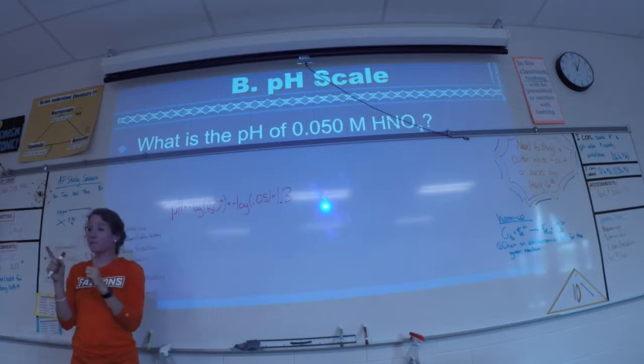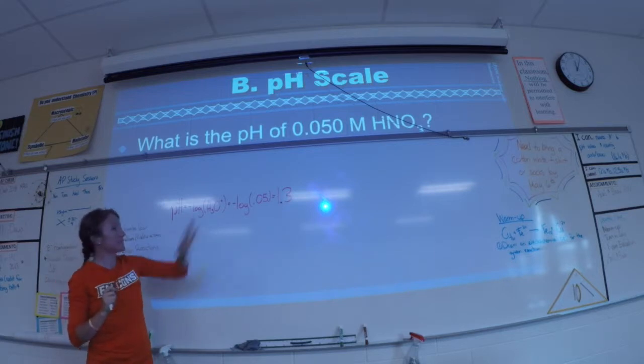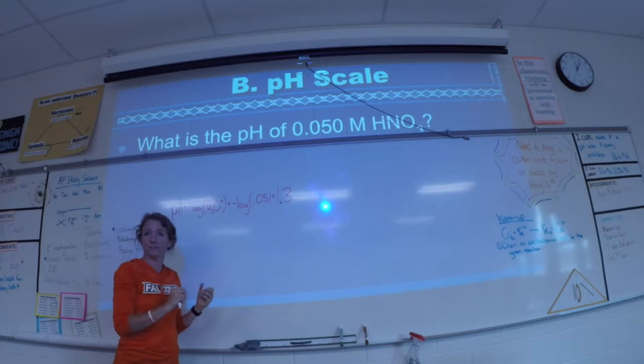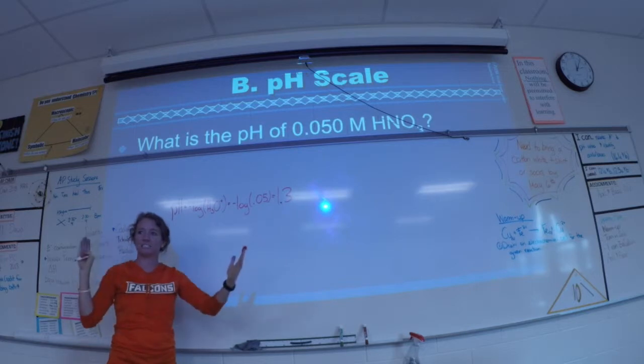Okay, now first your smiley face, label on your paper, based on what I just calculated, is this substance an acid or base? Write it down, don't say it. How do you know? That is the question. Look at your pH scale.